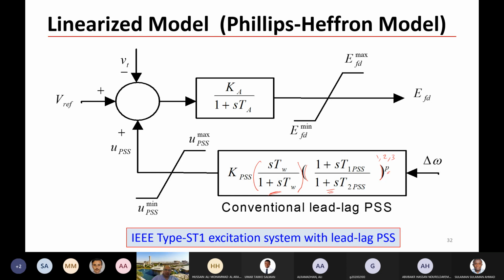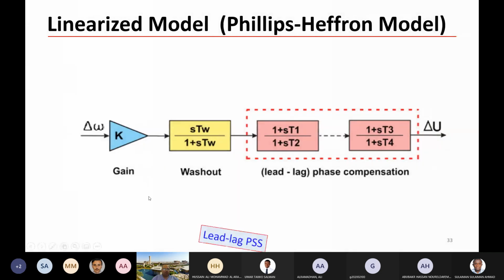So you can have an index P here. We will discuss this in detail when we go to the power system stabilizer design. This is another structure. You can have this washout block again, and you have two blocks of lead lag compensation.